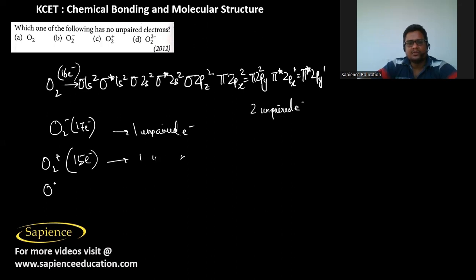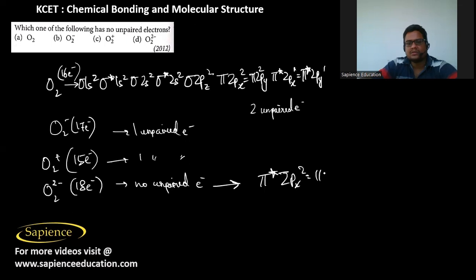But in O2 2 minus it will have 18 electrons. So there will be no unpaired electrons, since at the end we will have sigma star 2px2 equals to sigma star 2py2. So here there are no unpaired electrons. So option D is the correct answer.